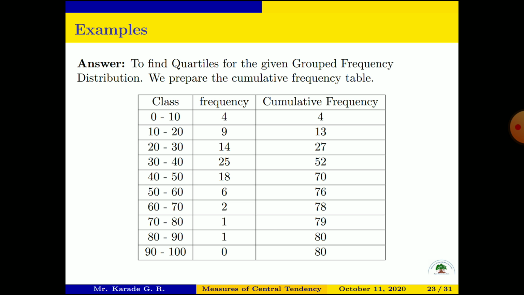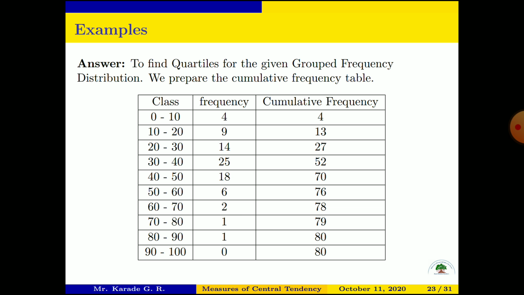Now the next number is 13. 13 is nothing but the addition of 4 and 9. The next number is 27, and it is nothing but the addition of the first three frequencies 4, 9 and 14. The next cumulative frequency is 52, and 52 is nothing but the addition of the first 4 frequencies, means 4, 9, 14, 25.